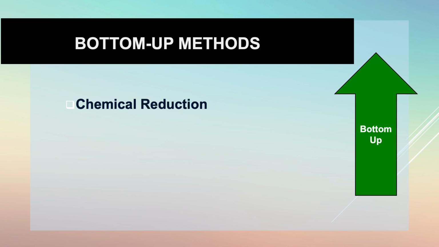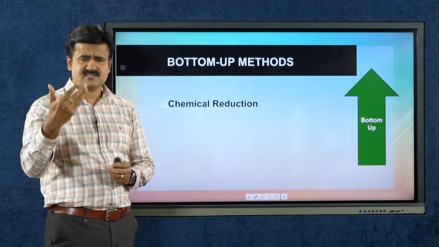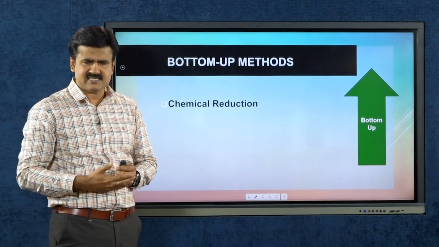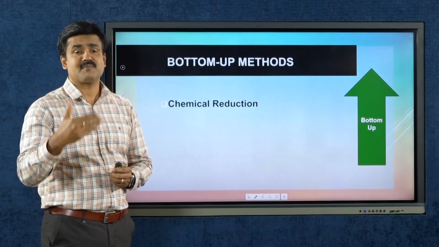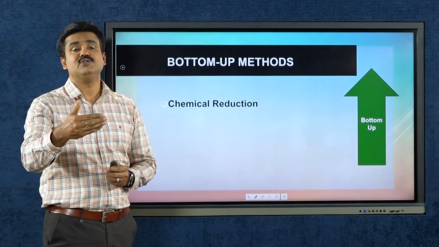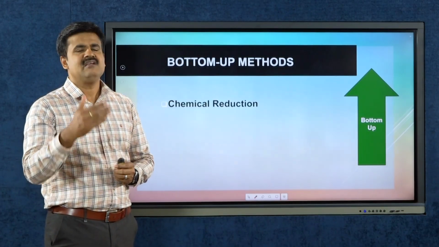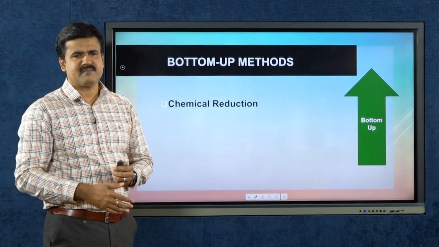As the name indicates, we are starting from a salt precursor, a metal salt precursor or anything like that, and we have to perform reduction by using a suitable reducing agent and convert that stuff into nanoparticles. That is involved in chemical reduction. We can study more details later in coming slides.